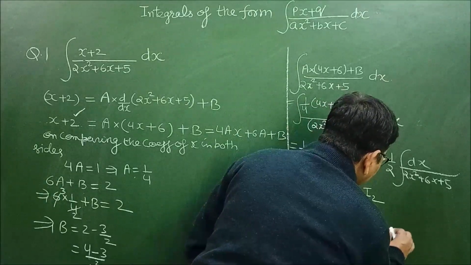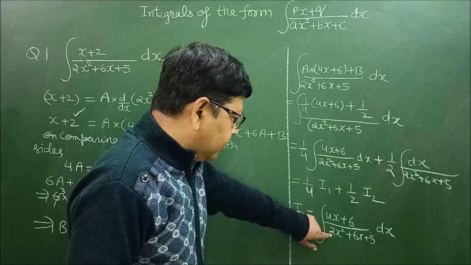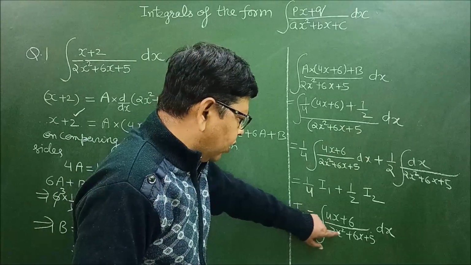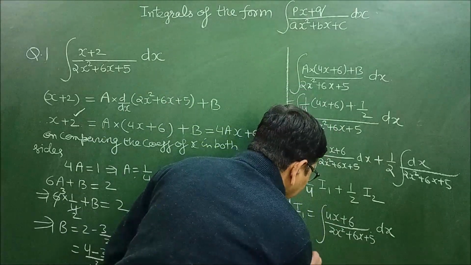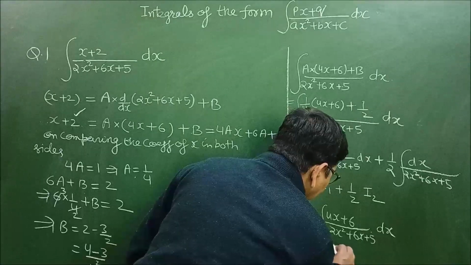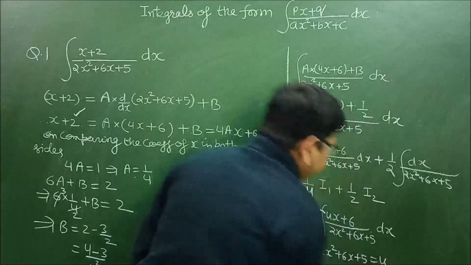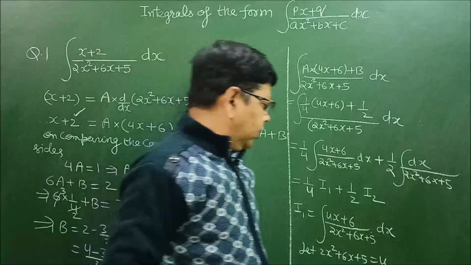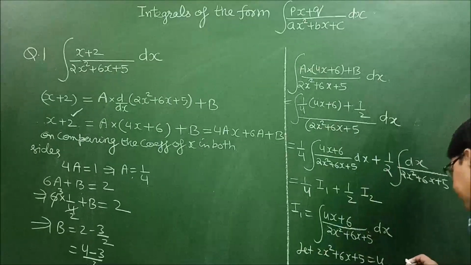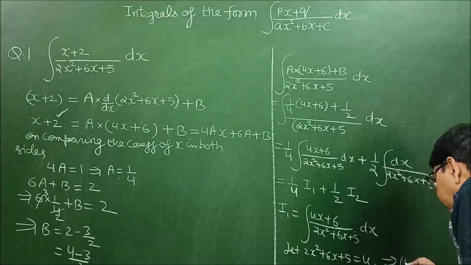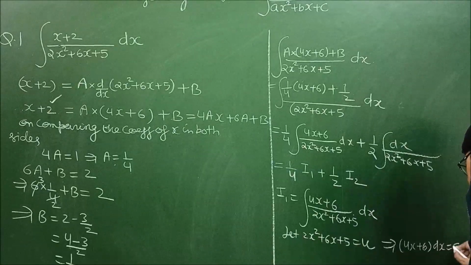Now the derivative of the denominator is in the numerator, 4x + 6. So let 2x² + 6x + 5 be equal to u. Now if we differentiate both sides, then we get (4x + 6) dx equal to du.